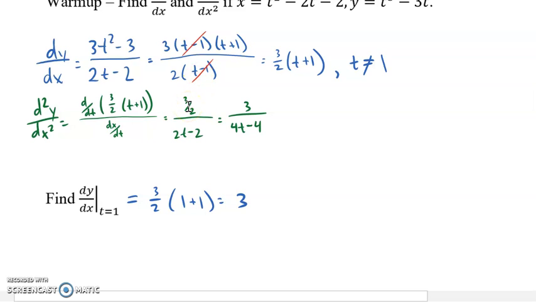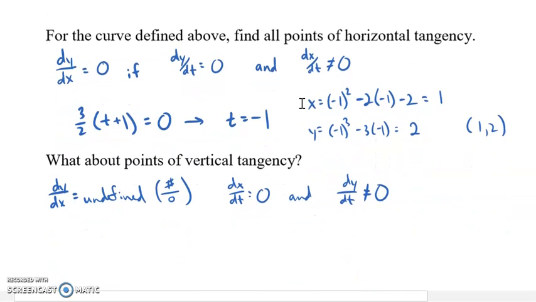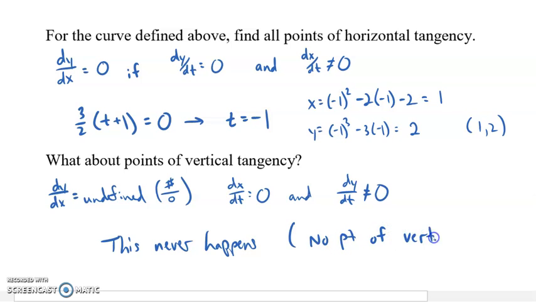So if we just look at this simplified version and we say, well, when do we get a number in the numerator and 0 in the denominator? Well, never, right? 0 is never going to be in the denominator of this expression. So the moral of the story really is just use your simplified version, and that will save you some headache down the road. So this never happens. No point of vertical tangency.